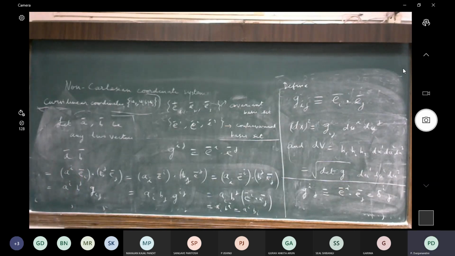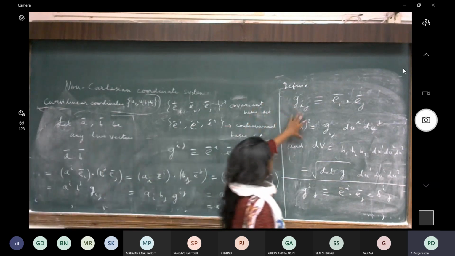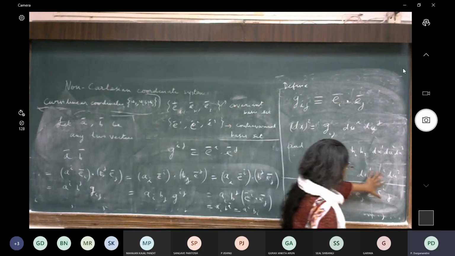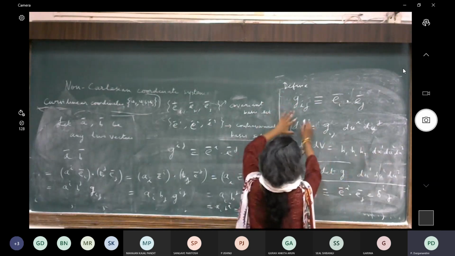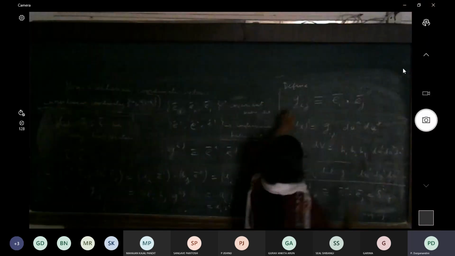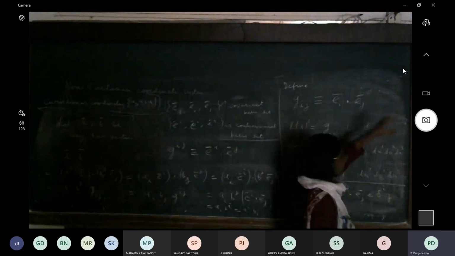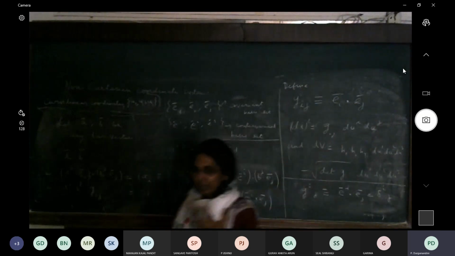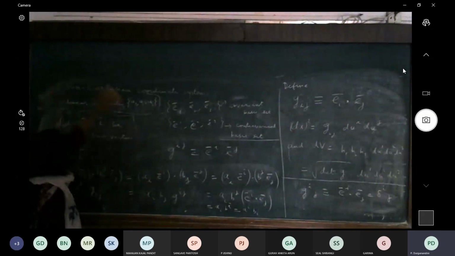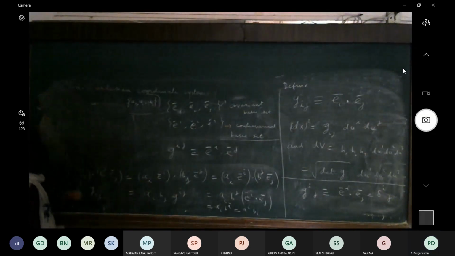All right. So I have introduced this object Gij, which is a set of 9 elements. And you can see now the volume element is given in terms of root of determinant G du1 du2 du3, and the displacement ds square, that means the distance square, is given in terms of Gij dui duj. That means the magnitude of the displacement is given in terms of that Gij dui duj.